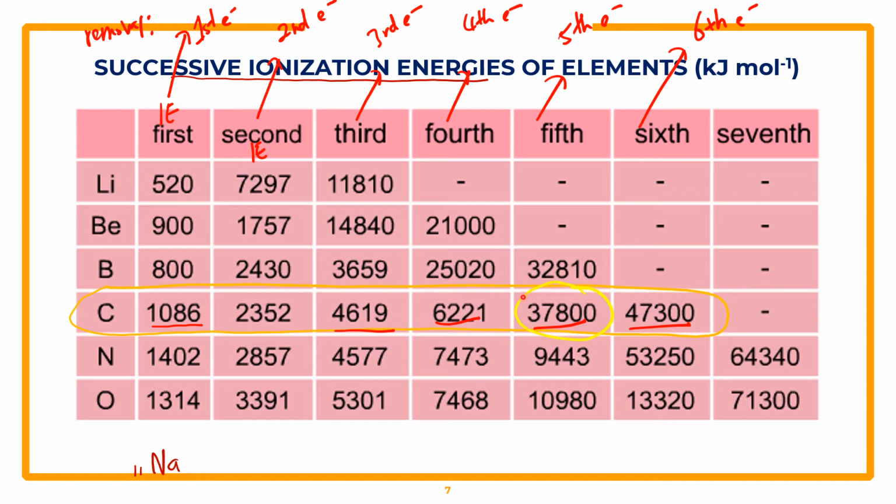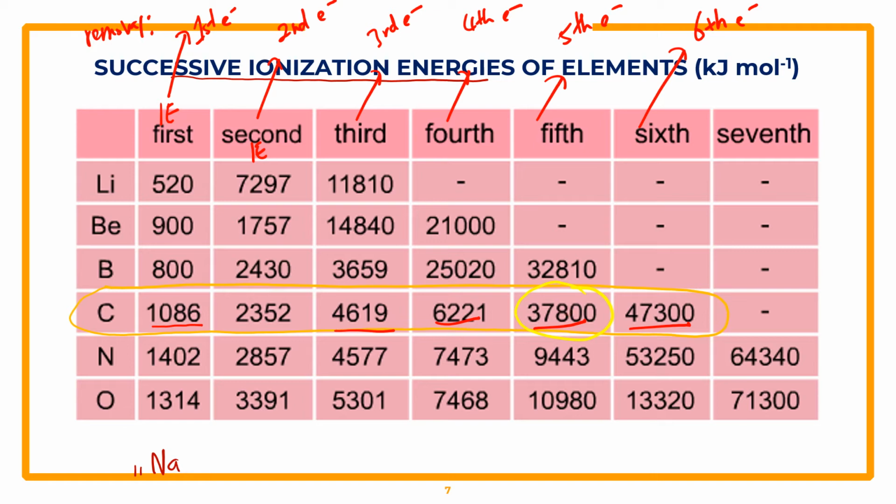So that's why I mention dekat you tadi, nak tahu group dan juga valence elektron untuk sesuatu elemen unknown kita kena identify yang mana satu IE yang paling tinggi di antara all successive ionization energy. Kerana energi yang paling tinggi itu akan merujuk kepada proses removing of electron di dalam inner ataupun core shell.